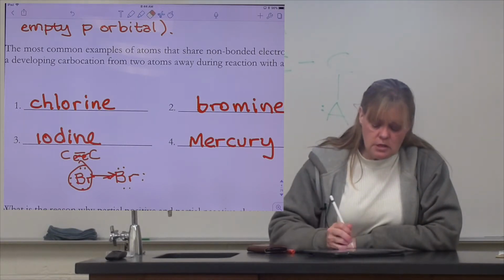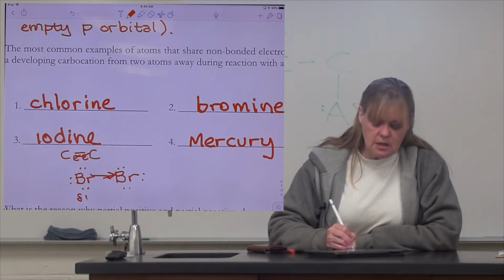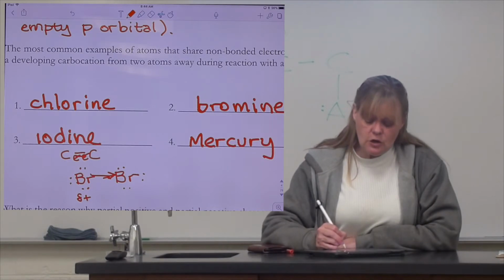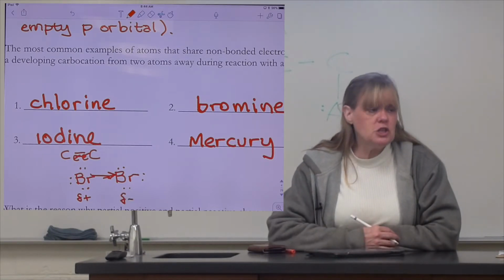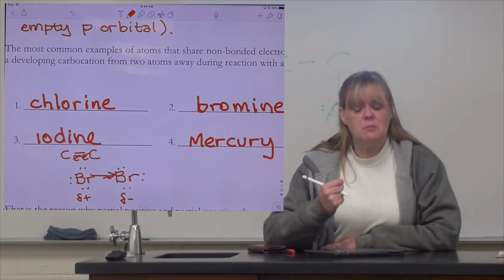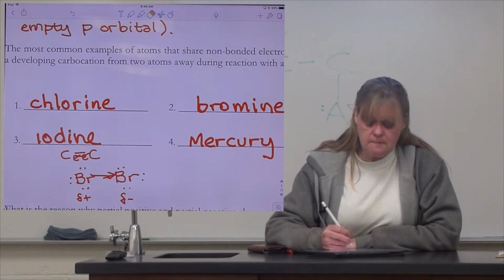And so you're going to induce a temporary partial positive here just because the electrons are getting away from the pi bond. And so you're going to write in a partial positive and partial negative for halogens, even though there isn't a permanent positive and negative there, just because of London dispersion forces.